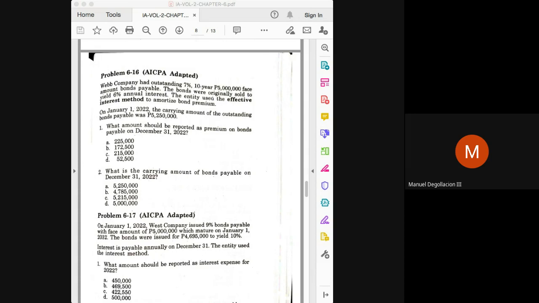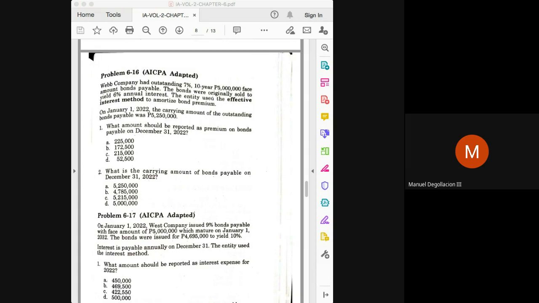We were able to compute the interest expense simply by multiplying 5,250,000 by the effective interest rate of 6%. So if we are asked how much is the interest expense in this problem, our answer would be 315,000. Second possible question, how much is the amortization of the premium in the first year? Our answer would be 35,000.